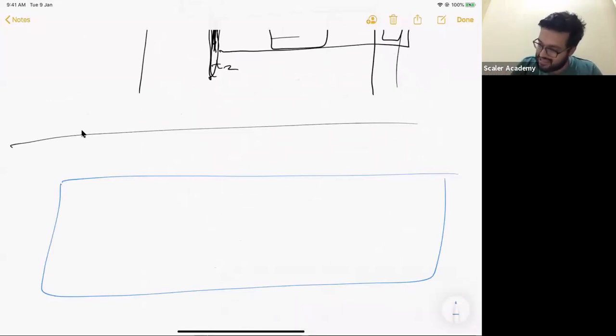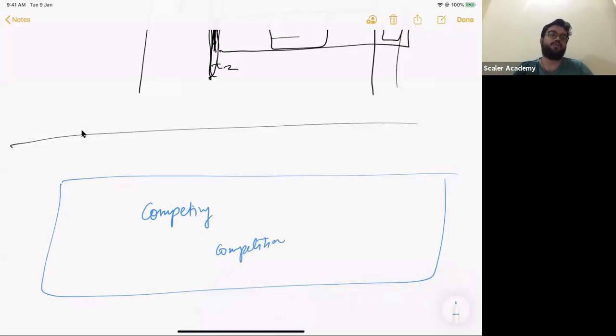Snapshots will not work in competing cases. In any case where you see competition, where people or things are competing for the same resource, snapshots will not help. Folks, are you with me? Whenever you see competition for the same resource, snapshot will not work.